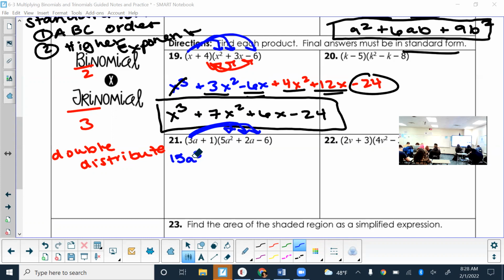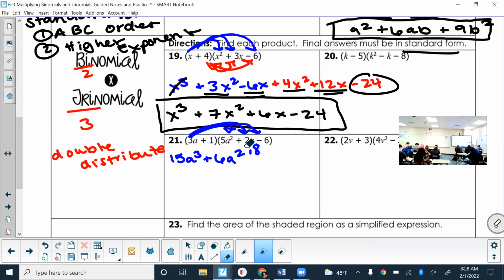So a times a squared gives me a cubed. And then 3a times 2a. 6a squared, good. So 3 times 2 is 6. A times a is a squared. And 3a times negative 6. Negative 18a is correct.